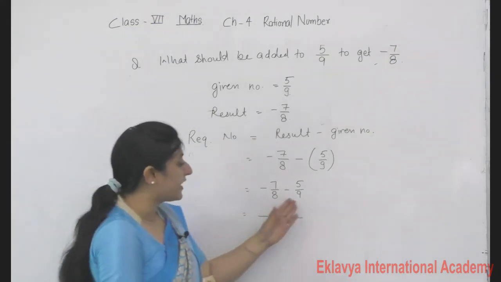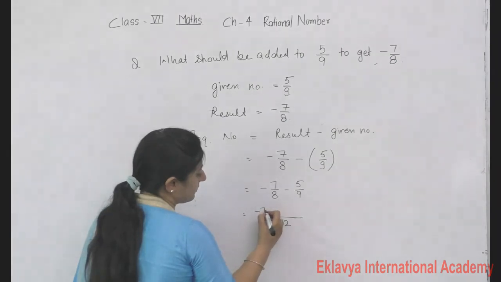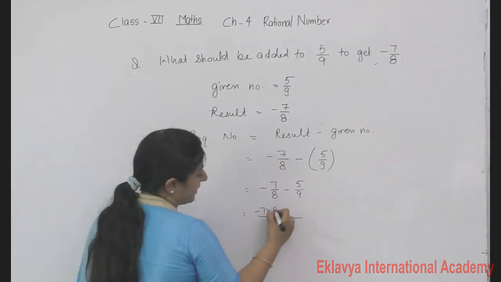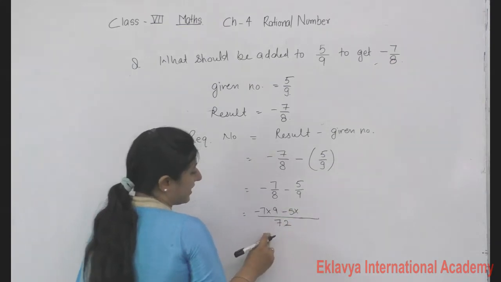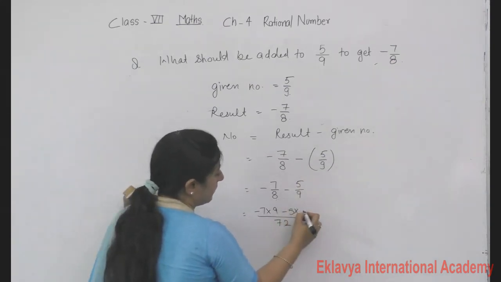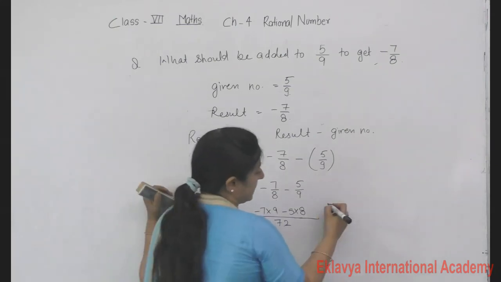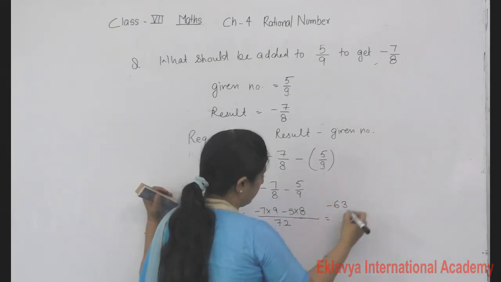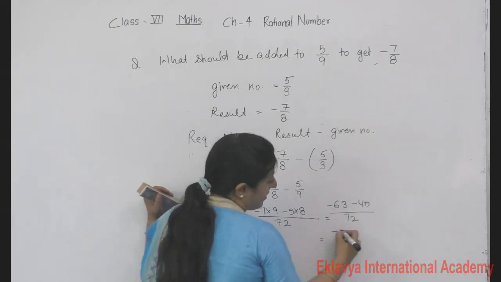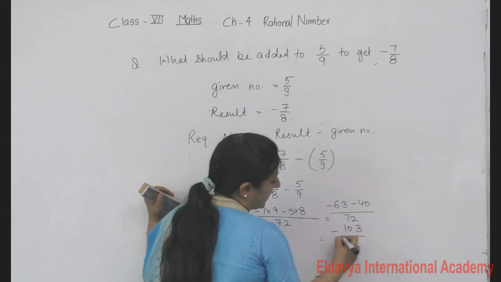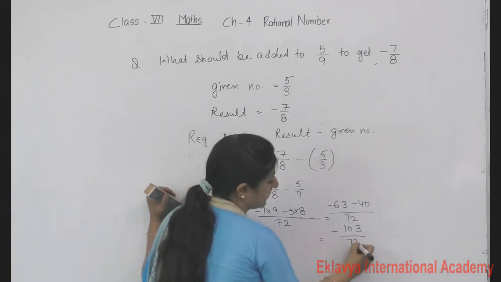LCM both are different. 8 9s are 72. 8 9s are 72, minus 7 into 9. 9 8s are 72. This 7 9s are 63 minus 40 divided by 72. Minus 103 divided by 72.